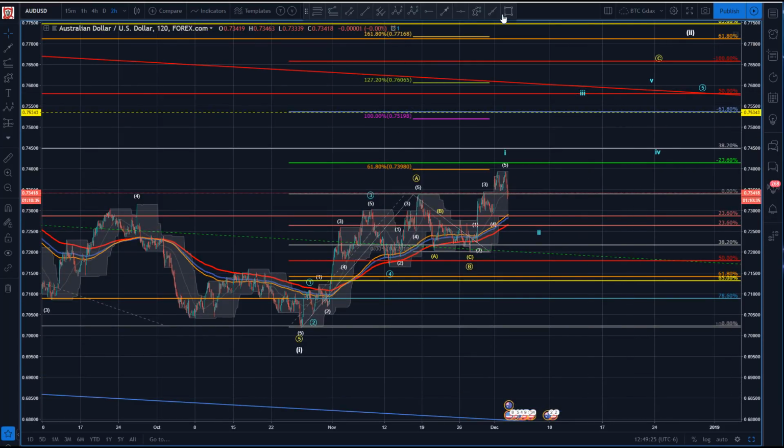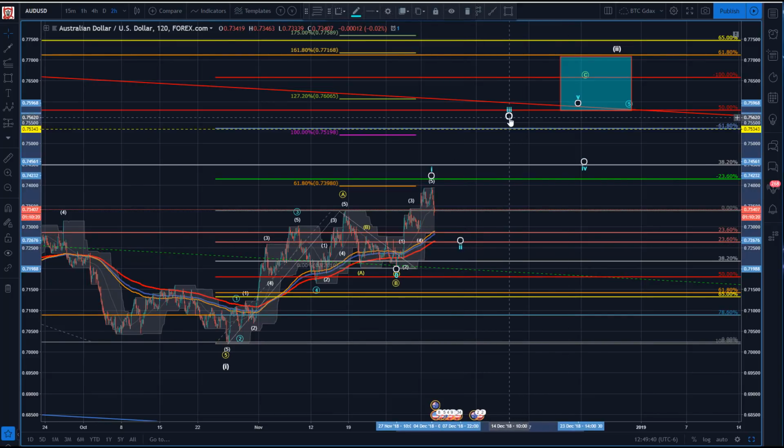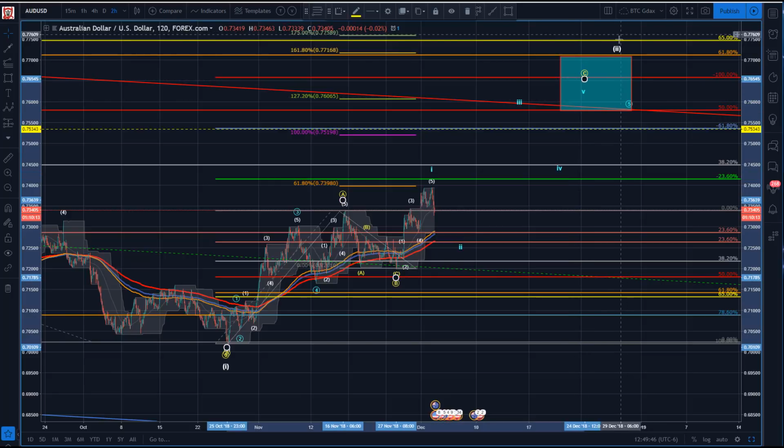Here's the zone that we're trying to get to. Here's the 50 to the 618. So how are we going to get there? Well, if that's the C, then this thing is done. I think what's more likely is that all we've done is put in the 1 wave, and we're in the process of putting in the 2 to get the 3, 4, and 5 to complete the C wave of the 2 wave.